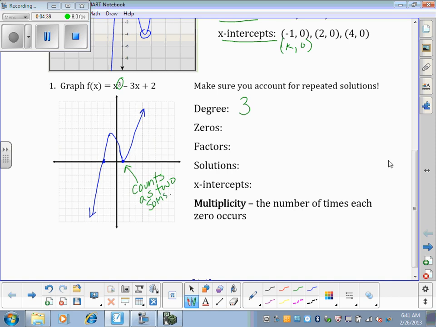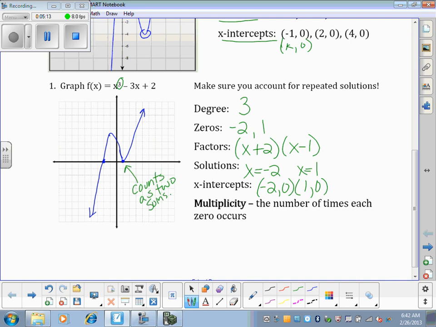So there's 2 zeros still, at -2 and then +1. Those factors look like this, remembering again that the -2 becomes a plus. The solutions look like this: x equals -2 and x equals 1. And our x-intercepts are at (-2, 0) and (1, 0).